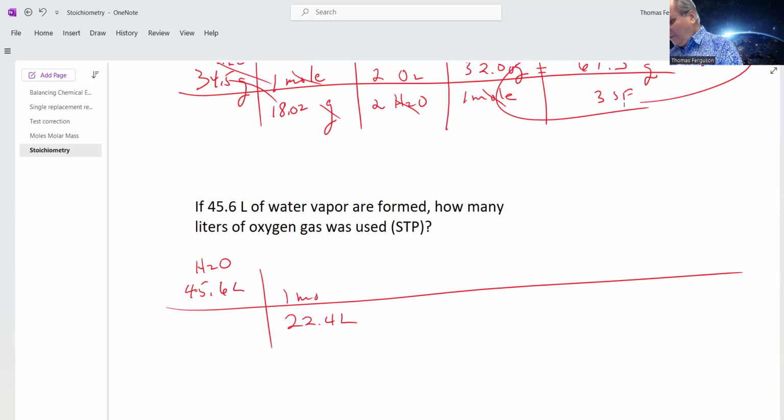Okay, since we're talking about gases now, we need to get over to moles. So we're using 22.4. And now we need to look at the ratio of water to oxygen, which is 2 to 2.